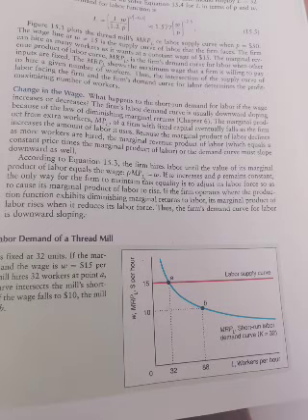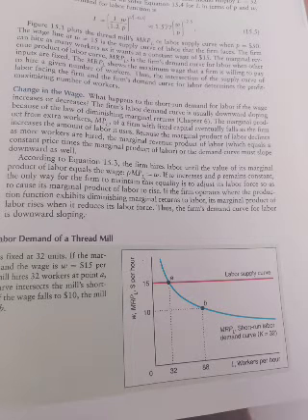Rearranging terms, the derivative of labor with respect to wage equals 1 over the price multiplied by the derivative of the marginal product of labor with respect to labor. Equation 15.6.